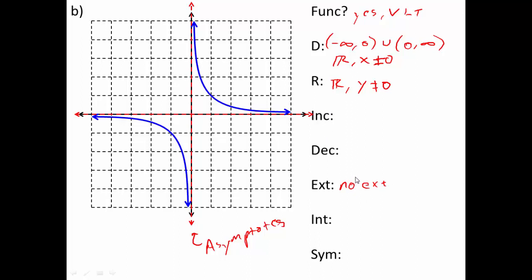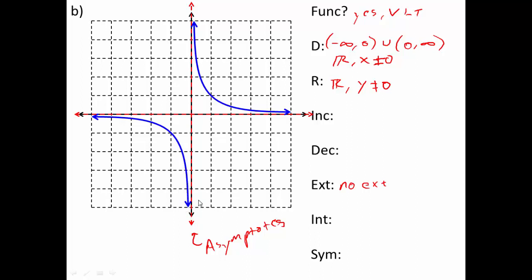So if there's no extrema, typically what that means is that it always either increases or always decreases. Extrema is where you change from increasing to decreasing. So if you never change, then we must always be doing the same thing. So let's look at the graph. If I start all the way to the left and I imagine some guy walking along that graph, hopefully you're going to see, well, he's probably walking down. So if I follow this graph from left to right, I curve downward all the time.